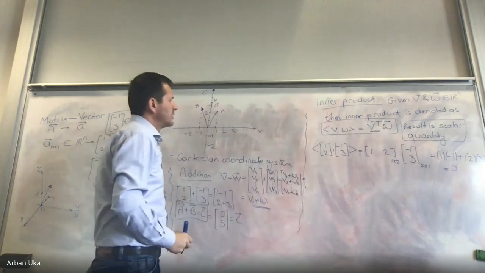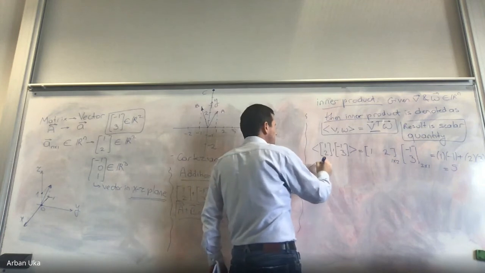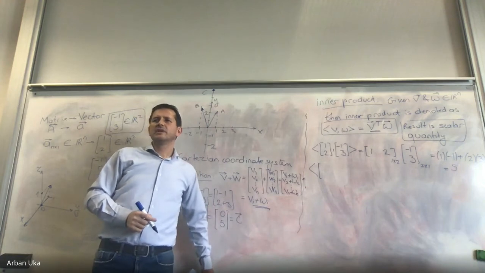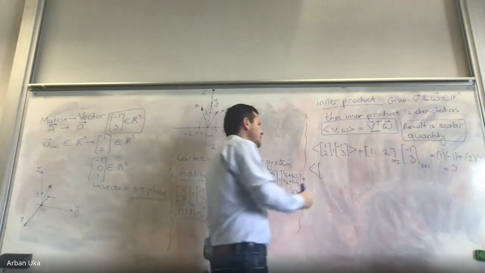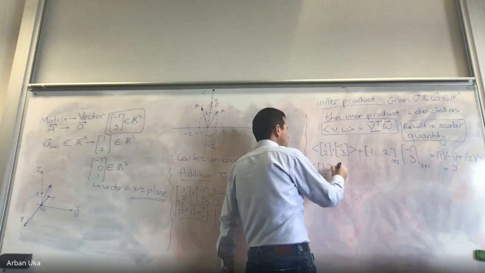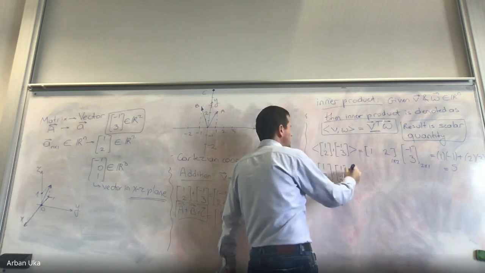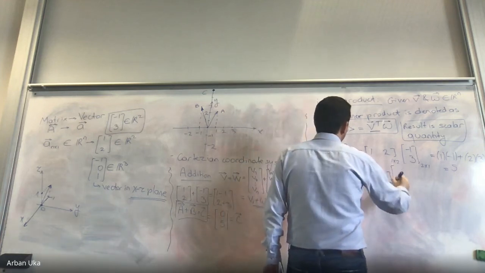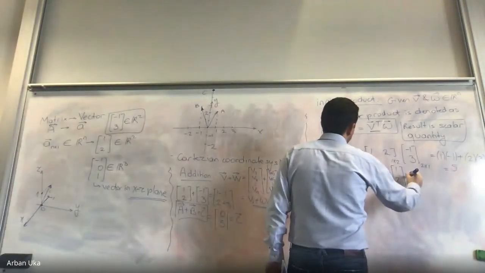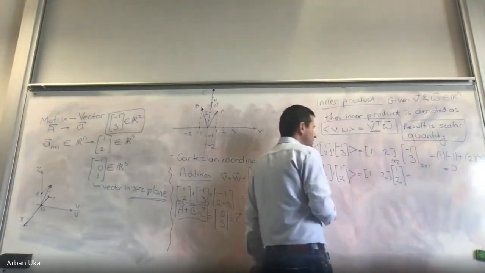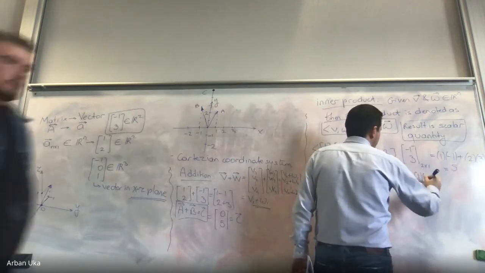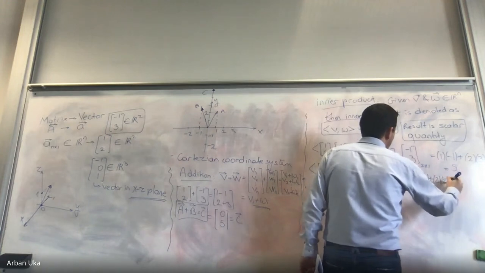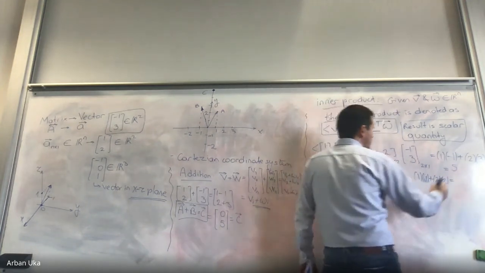Then for a moment, let's have a look at the inner product of a vector with itself. What would be the inner product of a vector with itself? Here we can have (1, 2), and here we can have another (1, 2). The answer here is 5, right?